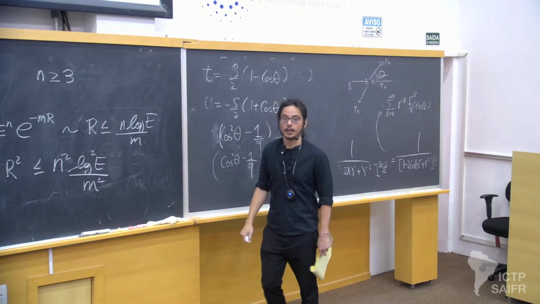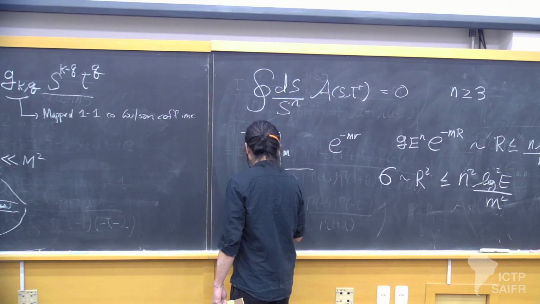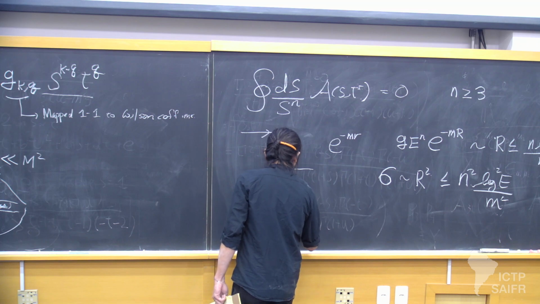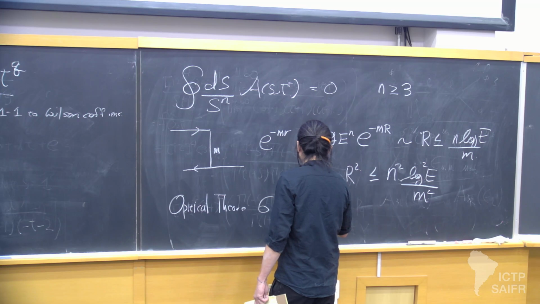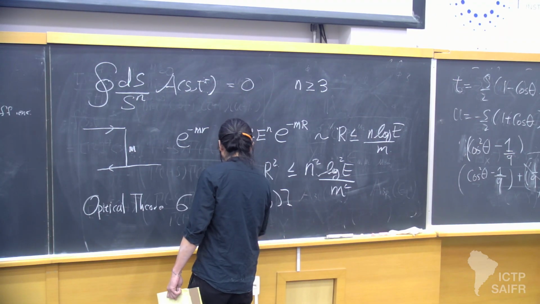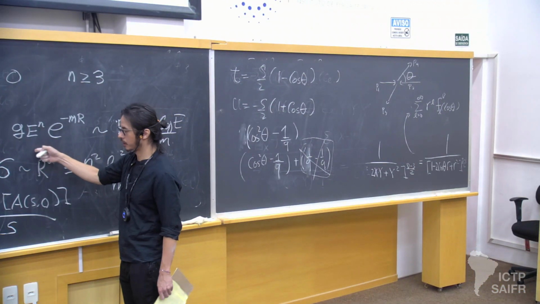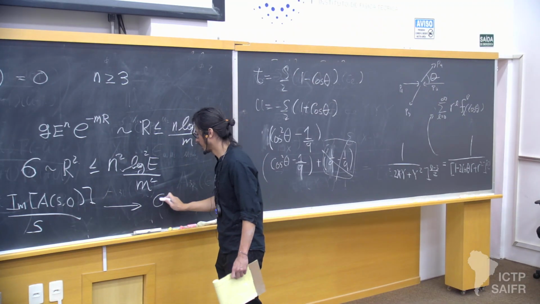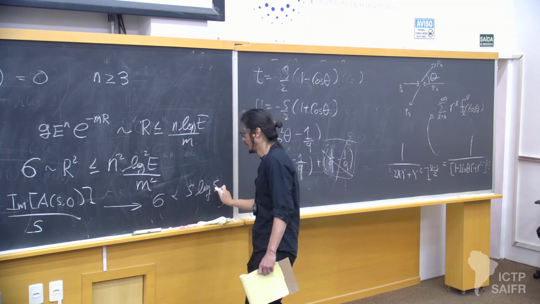Okay? And finally, from the optical theorem, you know that the total cross-section is proportional to the imaginary part of your forward amplitude, divided by s. This, combined with this hand-waving argument, tells you that the cross-section must be bounded by s log s as s goes to infinity.